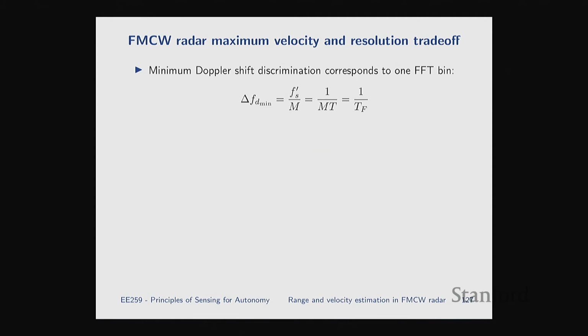So the minimum Doppler shift that we can discriminate, that delta F, is the sampling rate on the Doppler axis, which was f prime s, divided by the number of points in the Doppler FFT, m. And we know f prime s was just 1 over T, 1 over the chirp time. So it becomes 1 over m times T, or 1 over the total frame time.